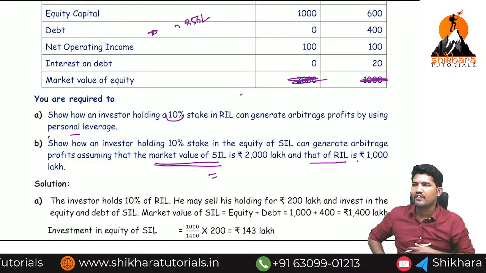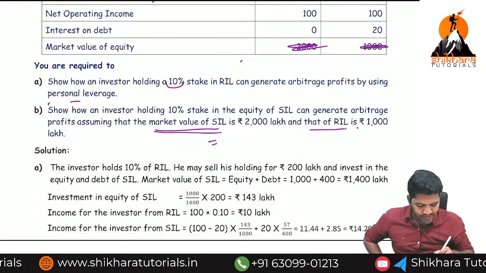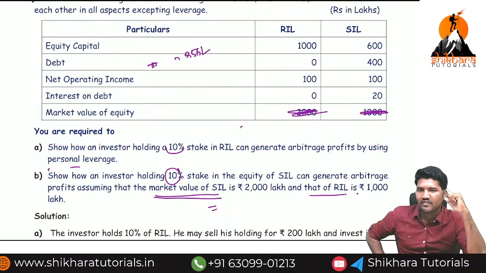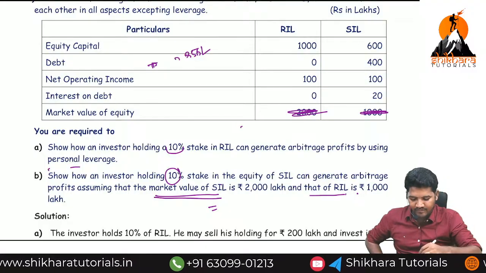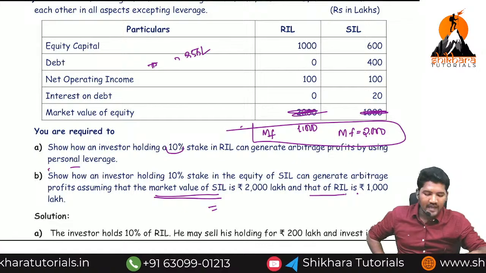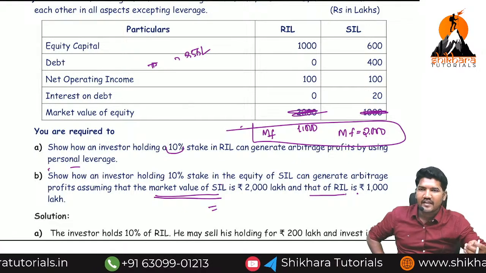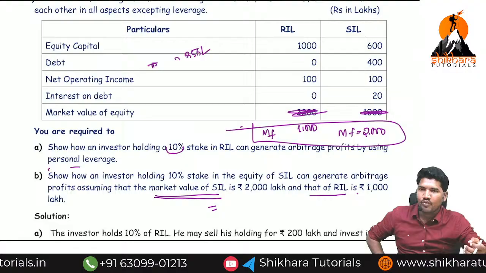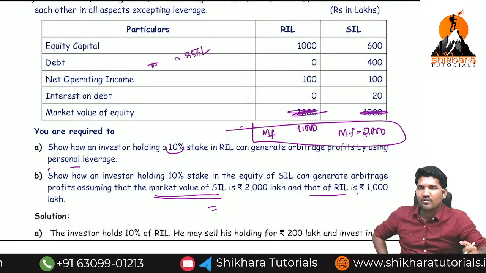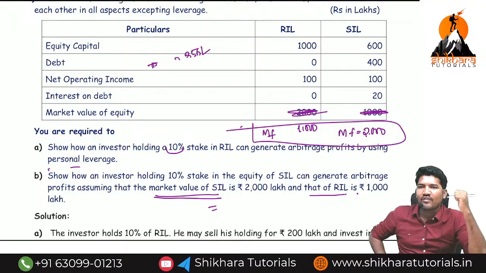Are you clear now? Now if you sell your 10% stake, first please calculate the existing benefit you are receiving. You are already in SIL only, right? You will enjoy only equity, not interest. Your stake is in equity only.